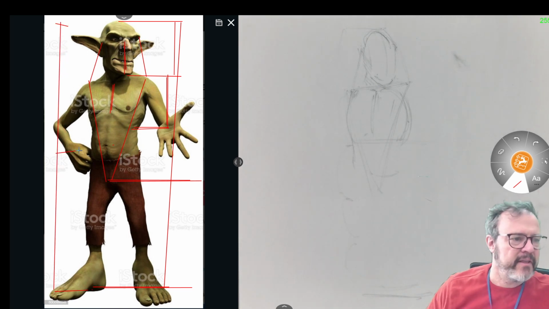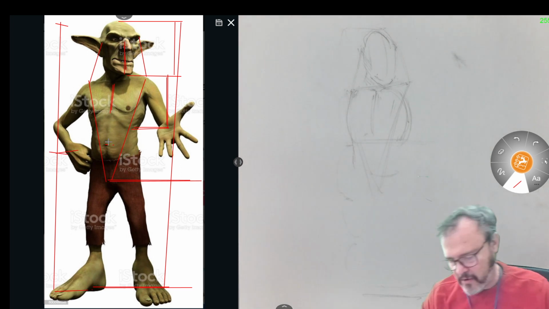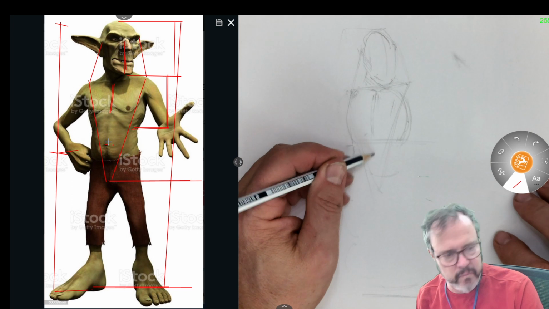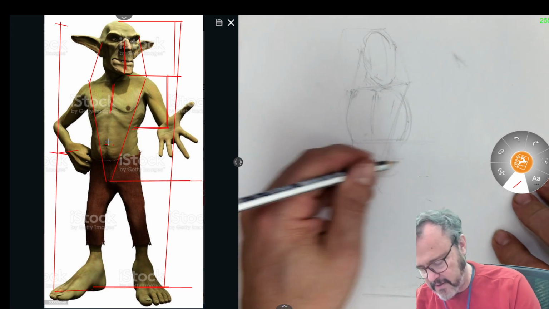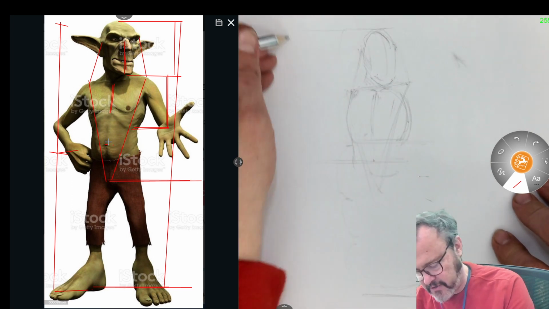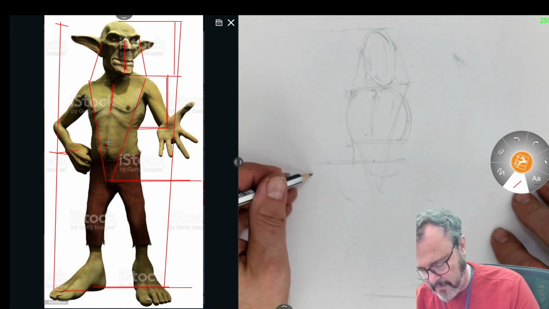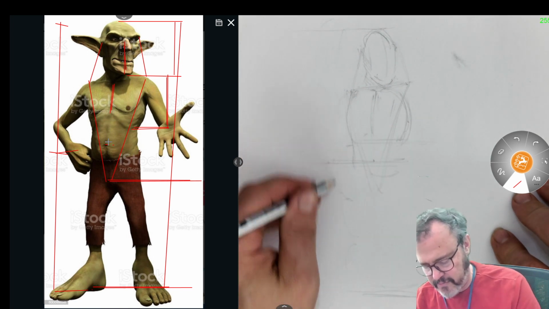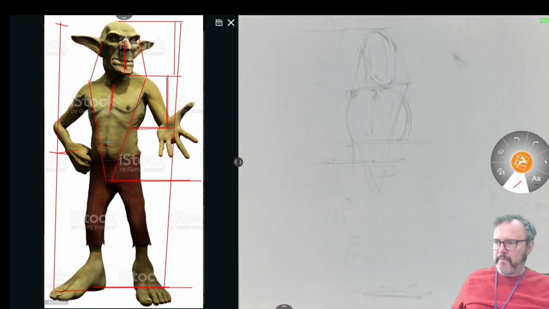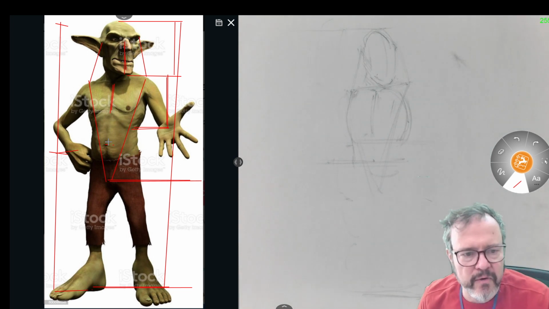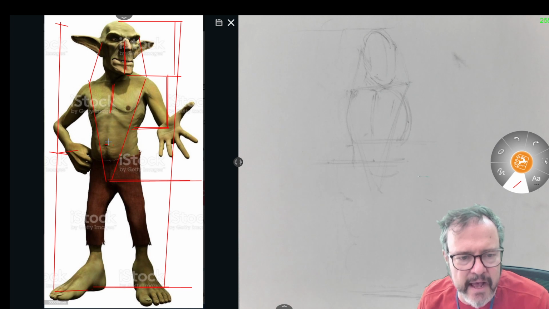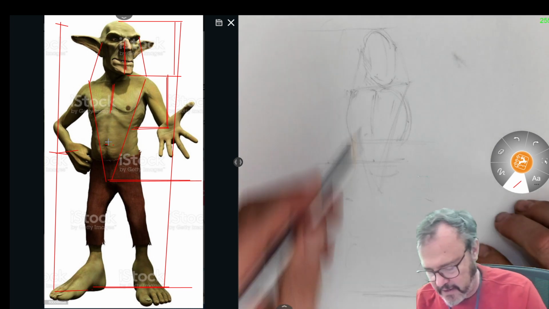And I'm going to estimate the midpoint is in the general area of the navel. And so that should be about 2.5 heads from the top and 2.5 heads from the bottom. Notice that the midpoint is higher than normal because his head is so big.